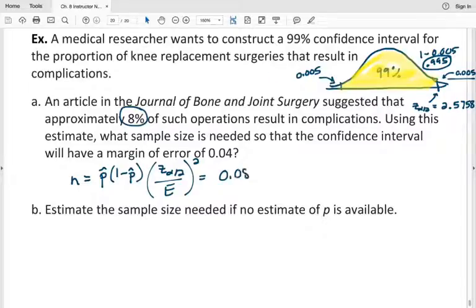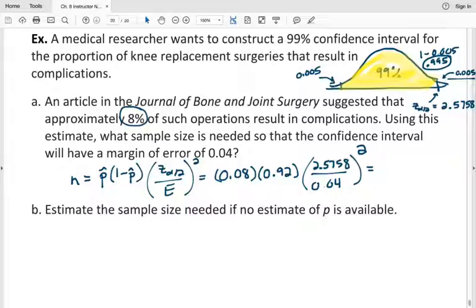So if p hat is 0.08, right, 1 minus p hat is the complement, 0.92. And then I'll take z sub alpha over 2, which we got as 2.5758, over my margin of error, which is 0.04, and it's just this second quantity that I'm going to square.